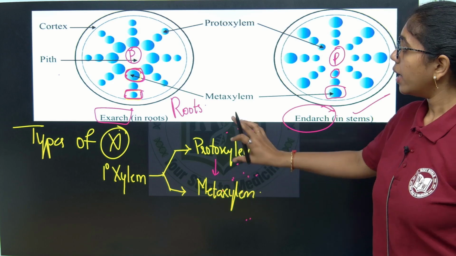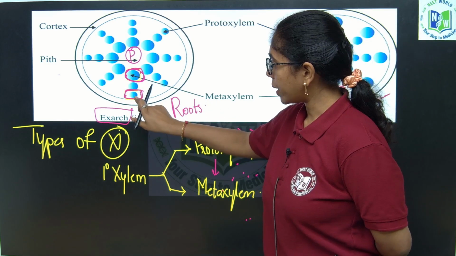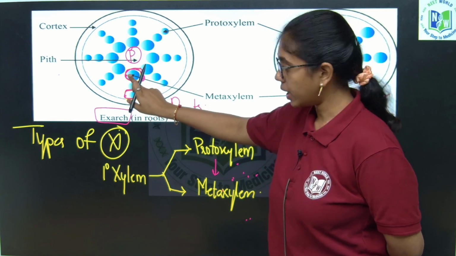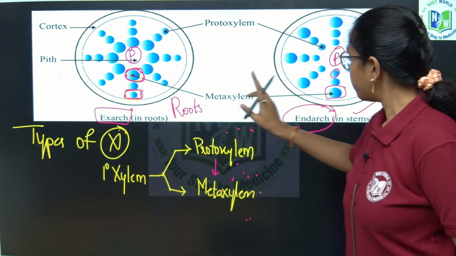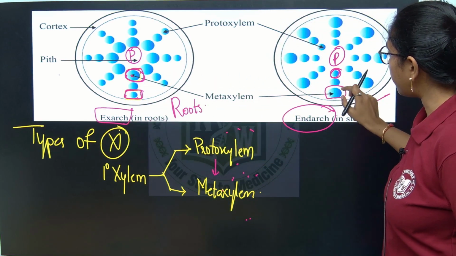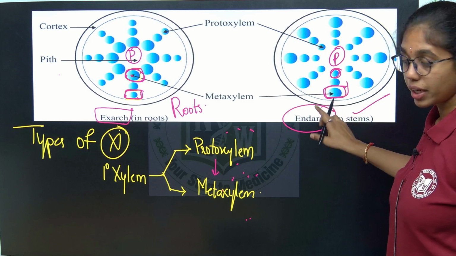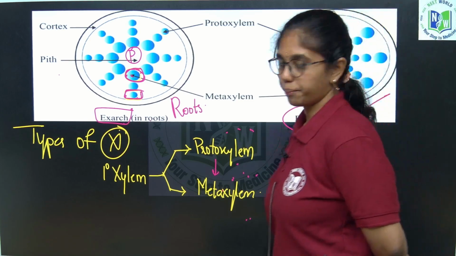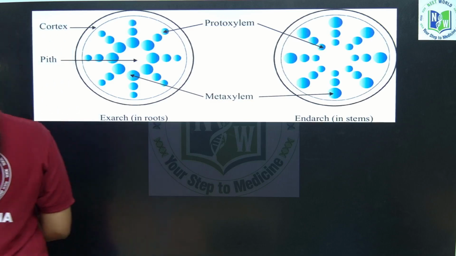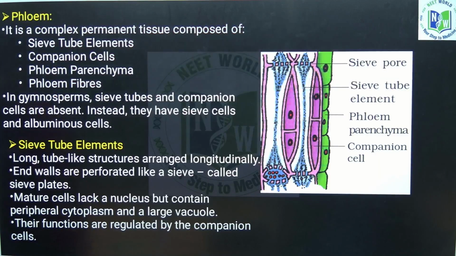If protoxylem is towards the periphery and metaxylem is to the center, it is the exarch condition seen in roots. If protoxylem is towards the pith, metaxylem is towards the periphery, it is the endarch condition seen in stem. Clear?